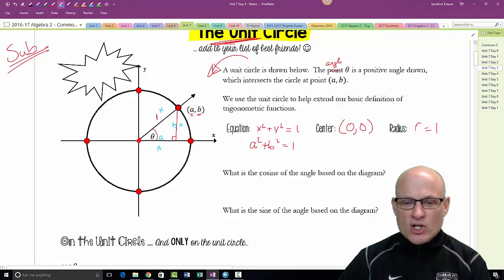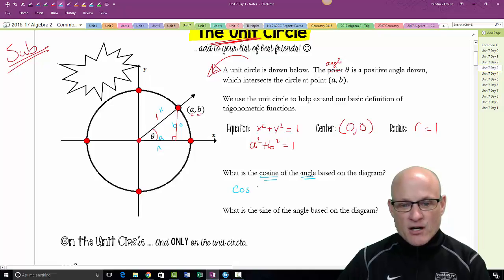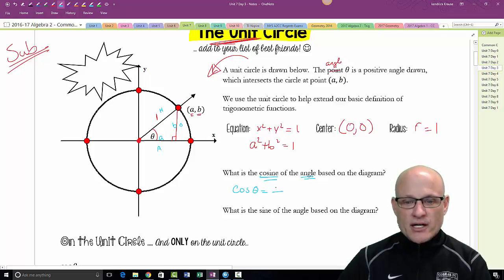All right, so what is the cosine of the angle? Cosine of theta is equal to adjacent over hypotenuse. What is my adjacent side? My adjacent side here is just a. So it's a over 1, or just a.